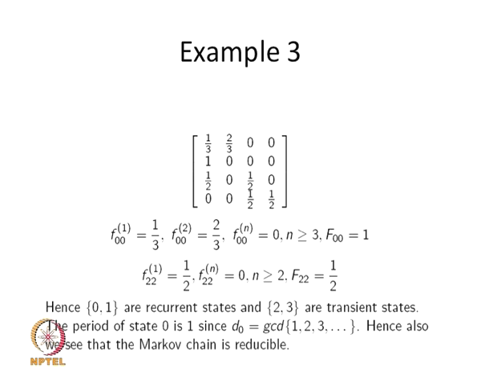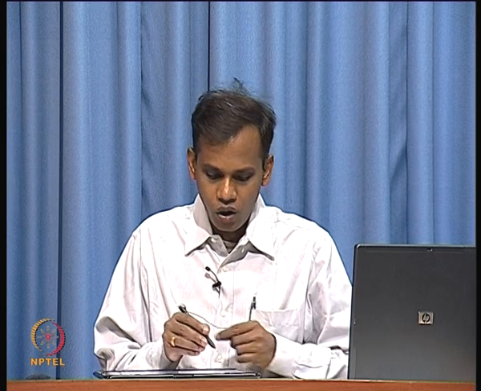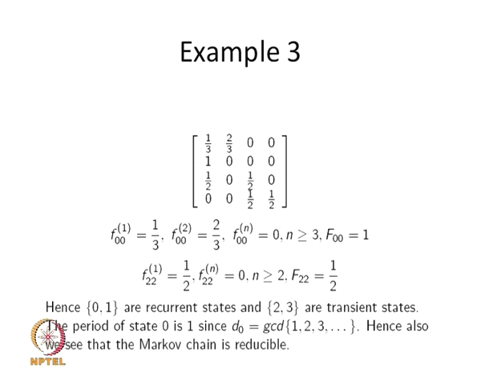You can find out the periodicity of these 2 recurrent states also. So, if you find out d0, that is going to be the greatest common divisor of all the steps in which the system will come back if the system starts from the state 0. So, either it can come back with 1 step or with 2 steps, or it can make 1 loop here, then 1 loop there.